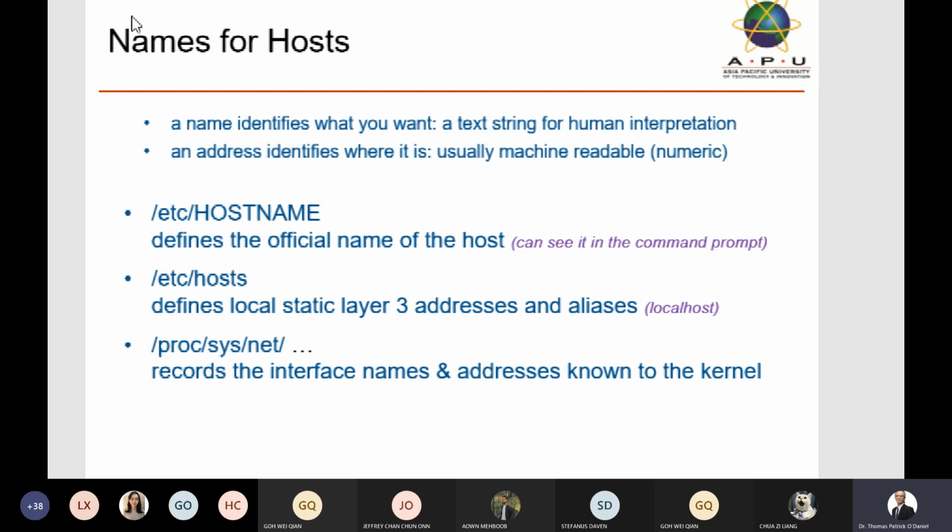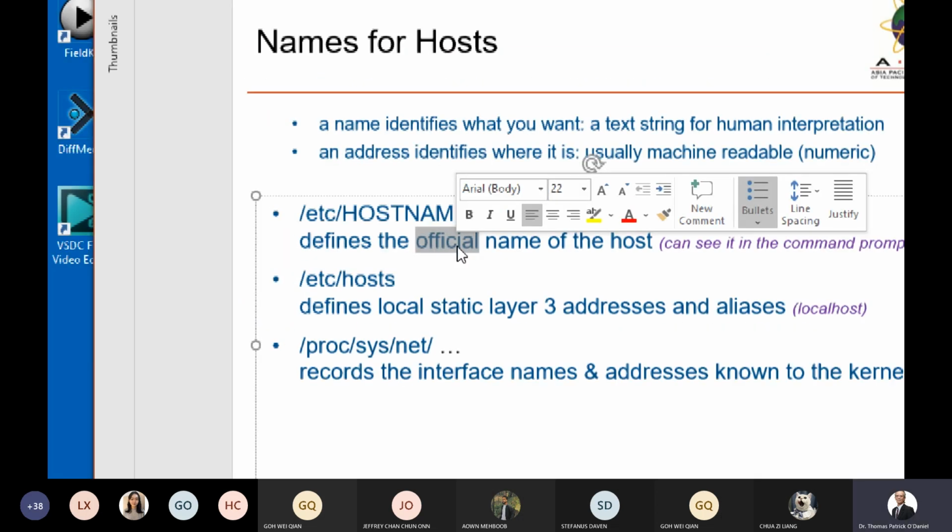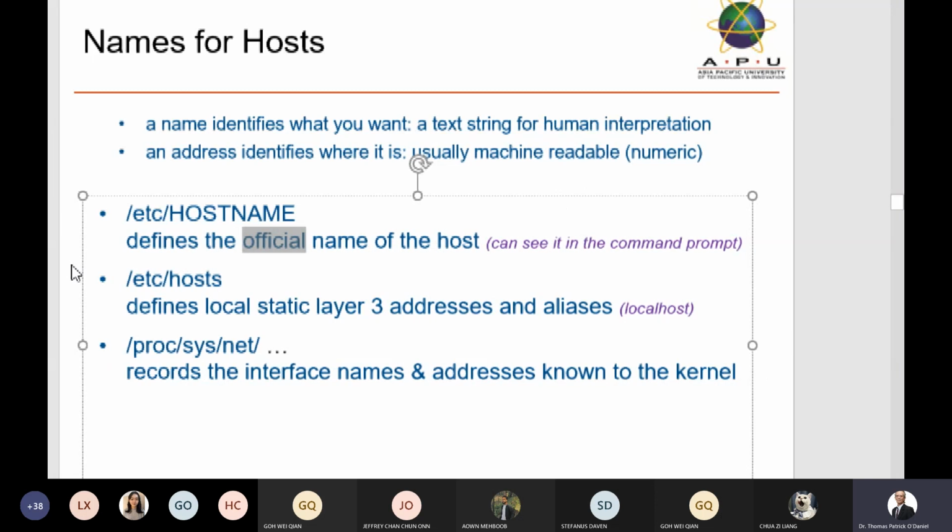Local, static, layer 3 addresses and names. We refer to all the names as aliases, right? Because this is the official name of the host. And what we can do is we abstract a little bit and we map a new name to this name, and this name is the one that is actually mapped to the IP address.